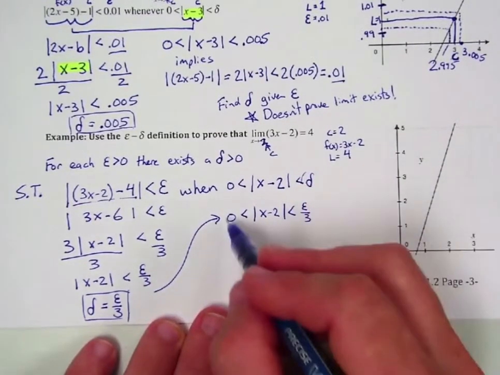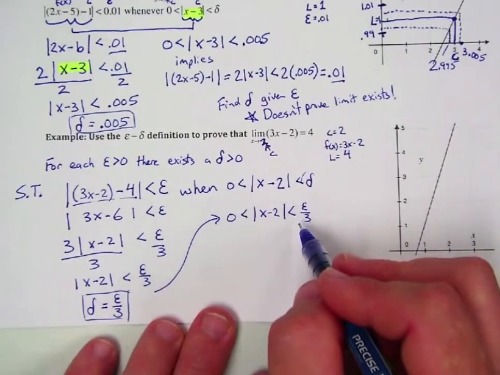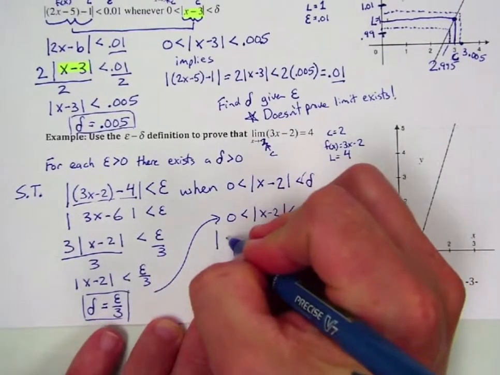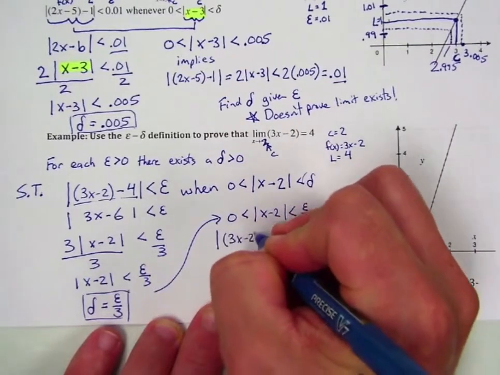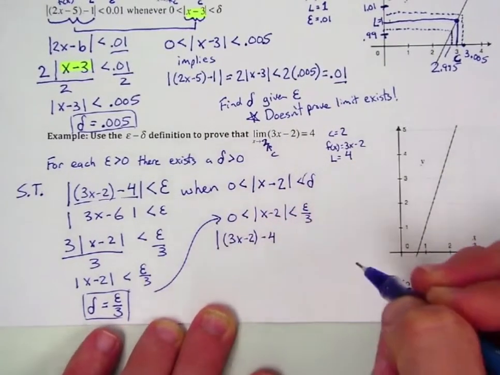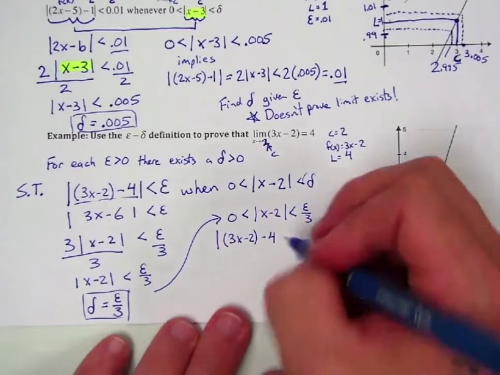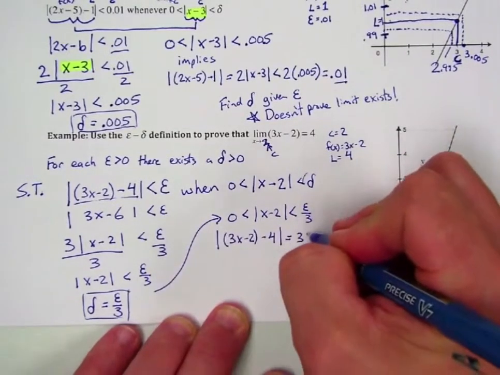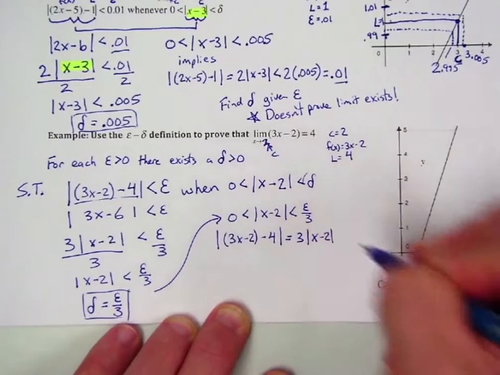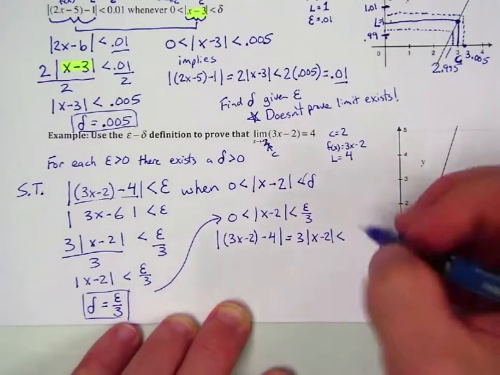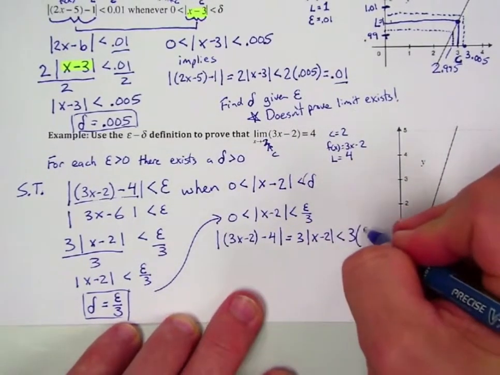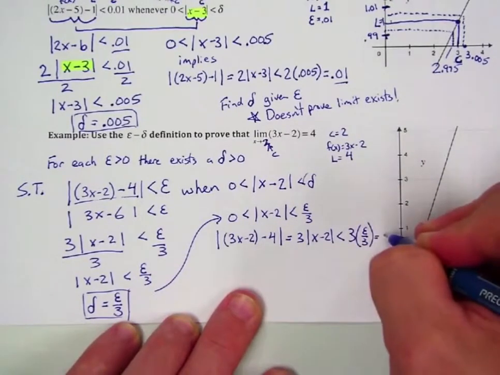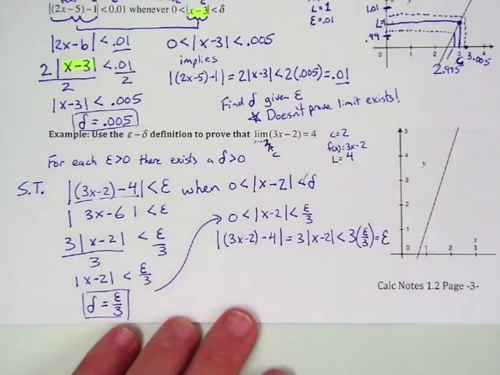Okay, so at this point, we're going to rewrite our original part here. Absolute value of 3x minus 2 minus 4. And again, we already know this equals 3 times the absolute value of x minus 2. And this is less than 3 times epsilon over 3, which just equals epsilon.